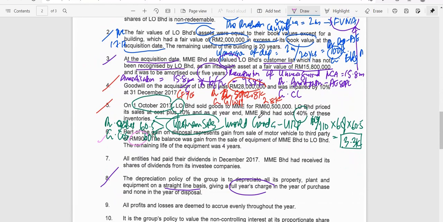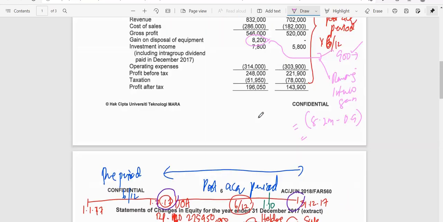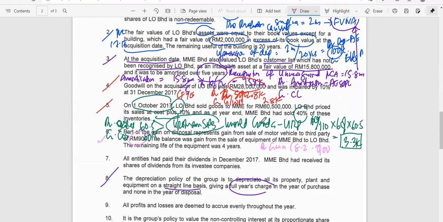So we're going to remove that debit gain with the amount 8.2 million minus 900, and you are going to remove that in the equipment also with the same amount.